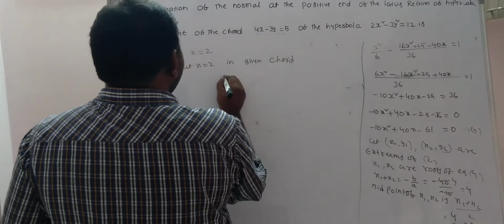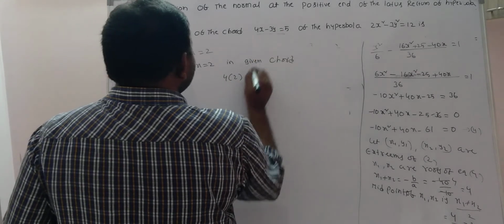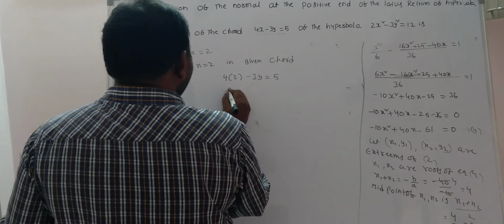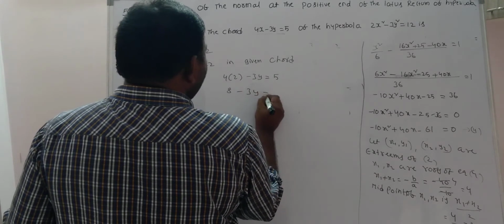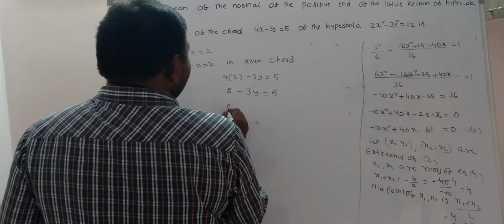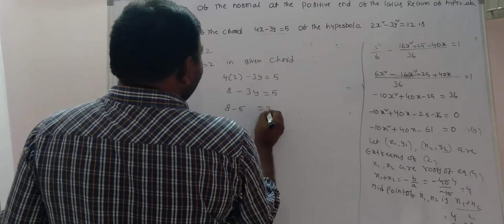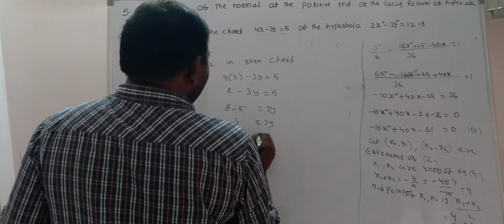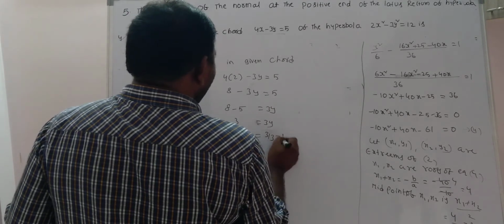So here 4 into 2 minus 3y is equal to 5. 4 twos are 8, so 8 minus 3y equals 5. Take 5 to this side, 3y to this side: 8 minus 5 equals 3y. So 3 equals 3y, and y equals 3 by 3, which is 1.